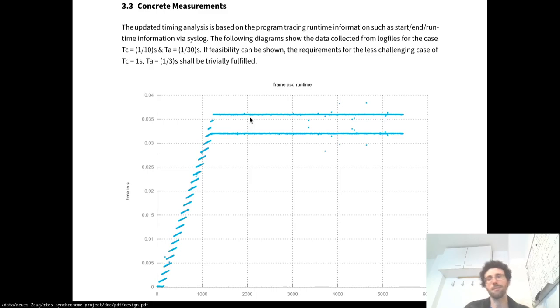So this shows that the system will be able to run successfully even on the external clock running at 10 Hertz, because in this case the frame acquisition has to be 33 milliseconds.